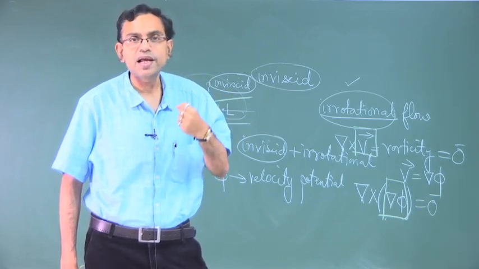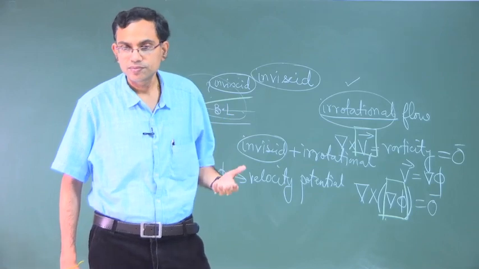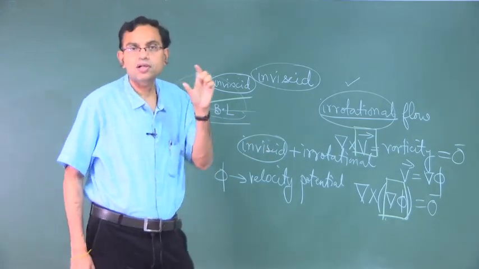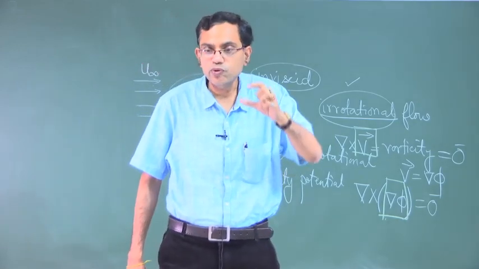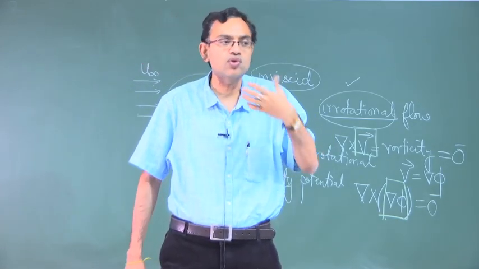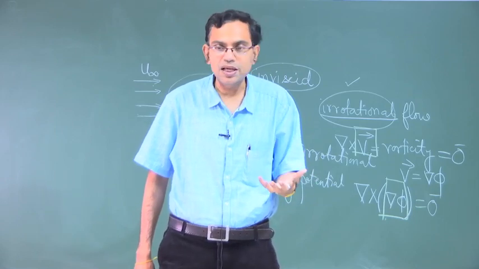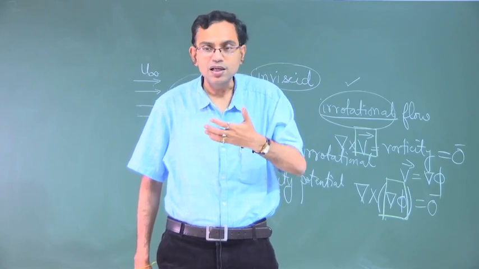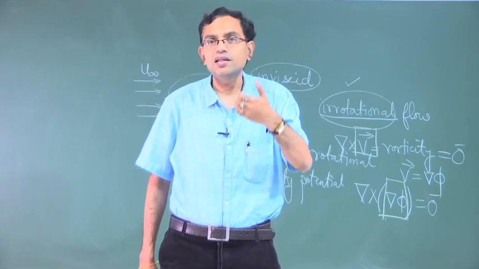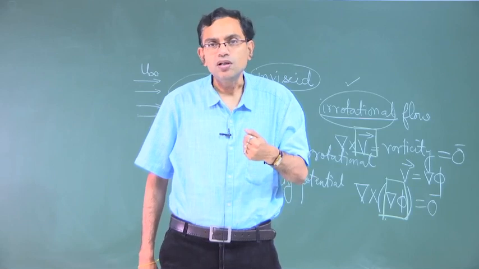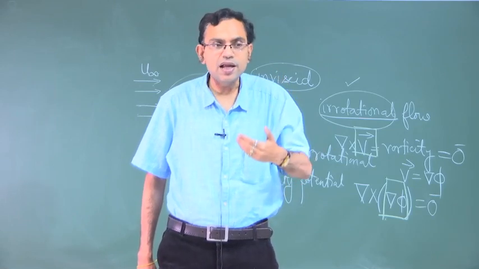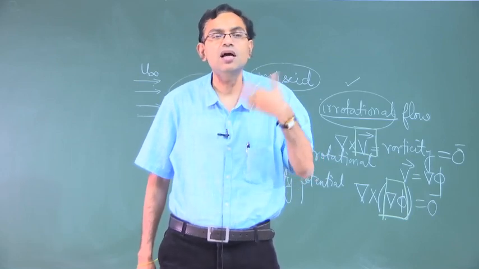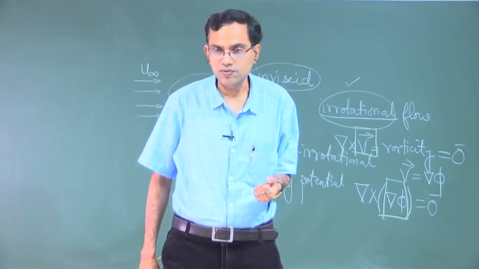This of course is detailed in the chapter of boundary layer theory. This is not within the purview of this chapter, but it is a very important consideration that the pressure gradient within the boundary layer which you require to solve the velocity in the boundary layer is same as the pressure gradient that is imposed in the outer flow, and the pressure gradient that is imposed in the outer flow can be obtained by looking into the solution of velocity in the outer flow, which is an inviscid and irrotational flow.